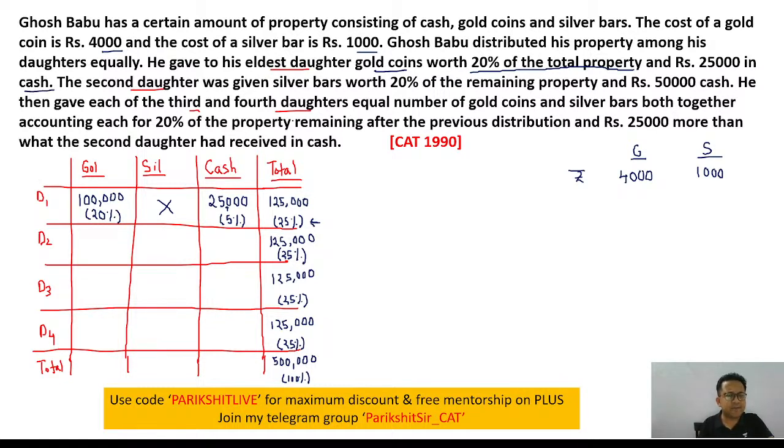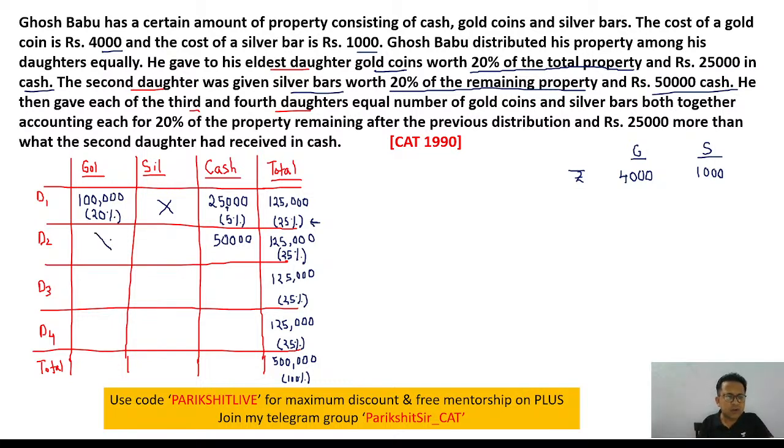Let's go to the second one. The second daughter was given silver bars worth 20% of the remaining property and rupees 50,000 cash. So the second daughter got 50,000 cash, and what did she get? She got silver bars, right? So think about it. If 50,000 is cash, the remaining has to be silver bars because she was given two things.